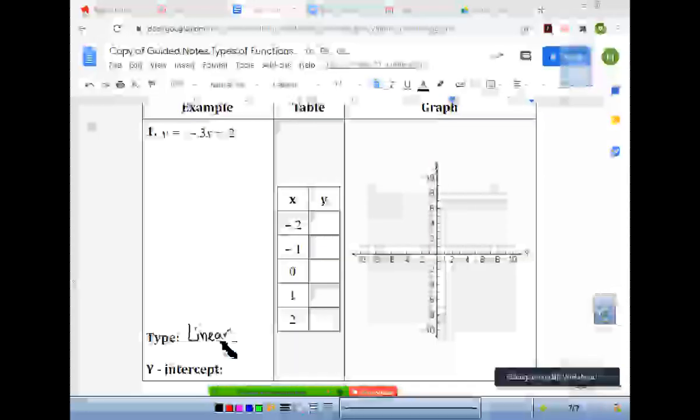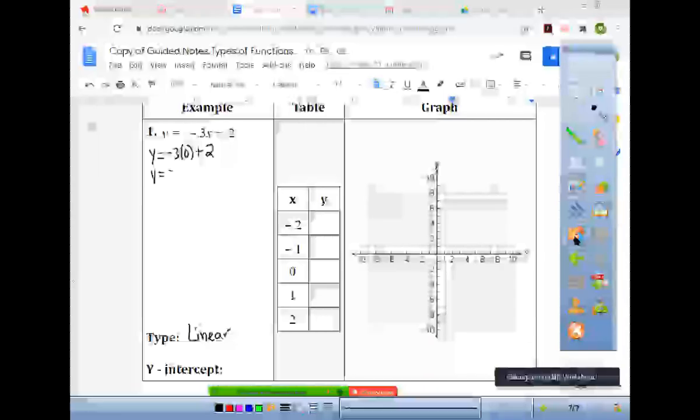And then the y-intercept, I'm going to do what to find it? Plug in that 0 for x. So this is going to be negative 3 times 0 is 0, right? Plus 2 is 2.